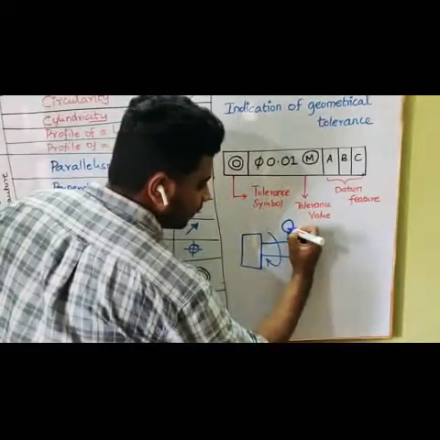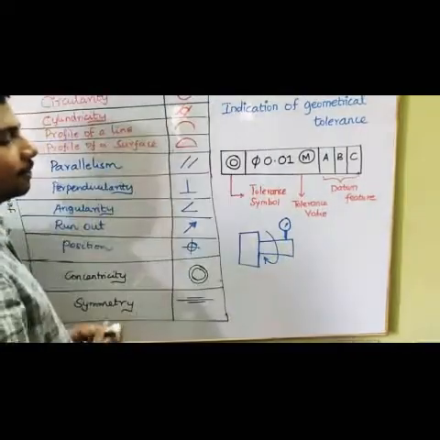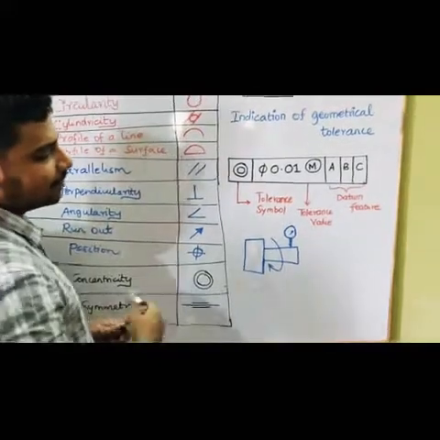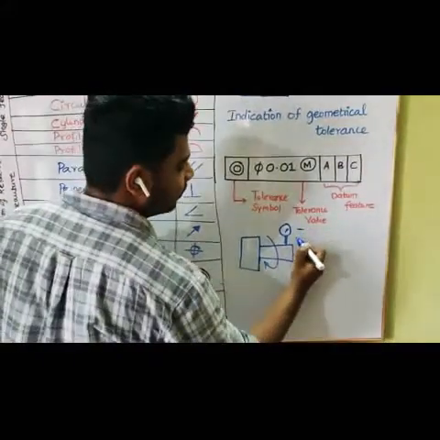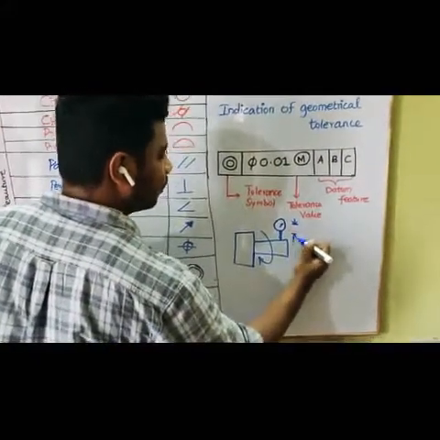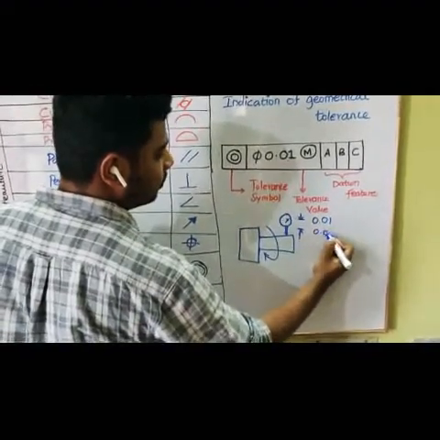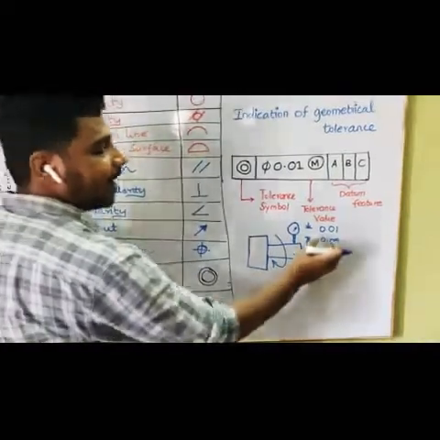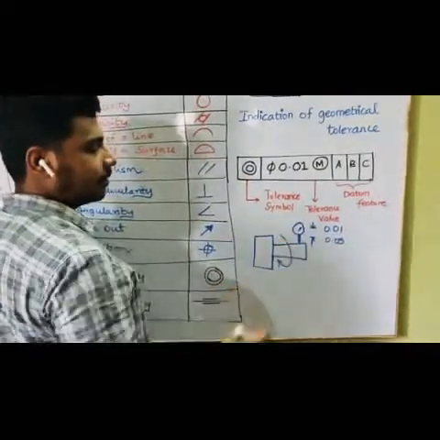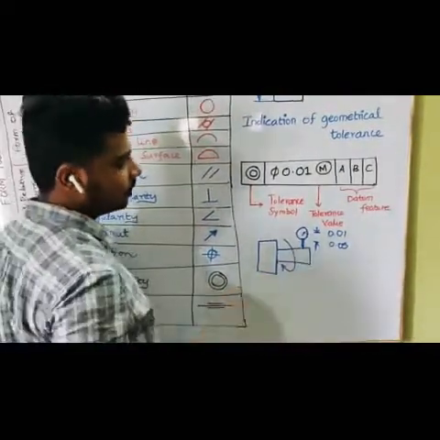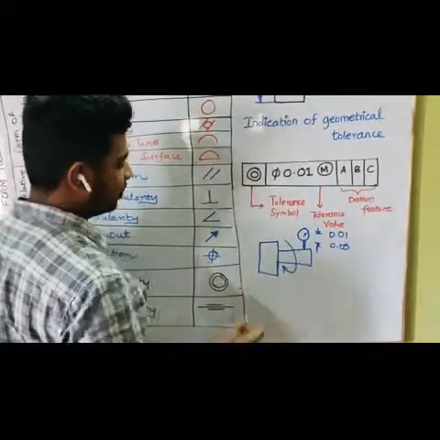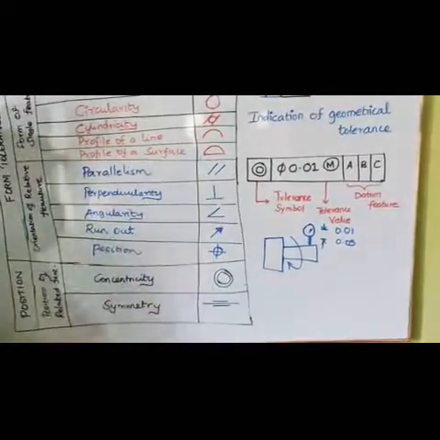Now my dial gauge shows some indicated value. That value should be within a particular region, for example 0.01 to 0.05. If the value is within this region, it is acceptable. If it is not, the part does not meet the runout requirement.